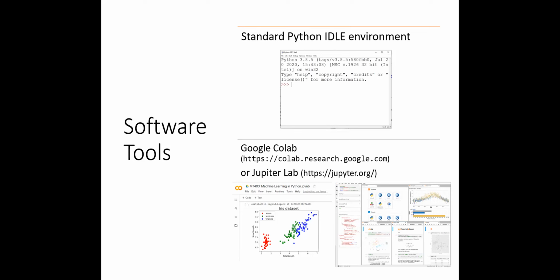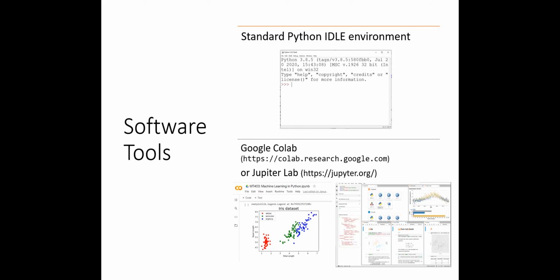There are some environments where you can directly access it. For example, if you have a Google account, you can go to colab.research.google.com, or Google Colab for short, and it will give you an environment for this. You can use it not only for Python but for other programming languages like R, but it is mainly quite popular with Python.